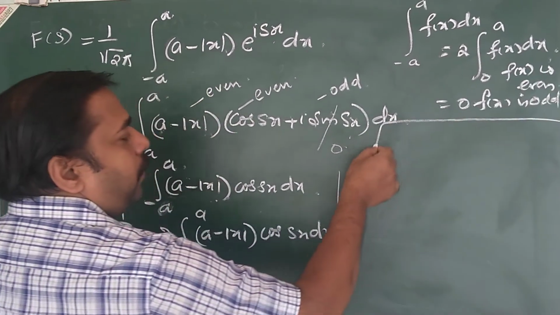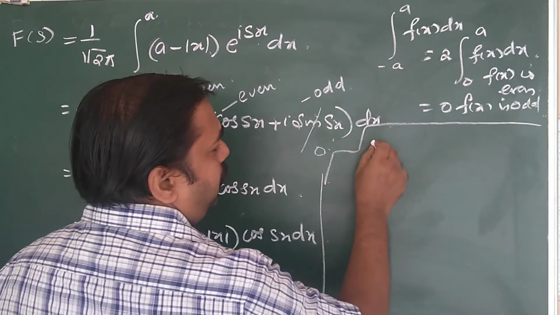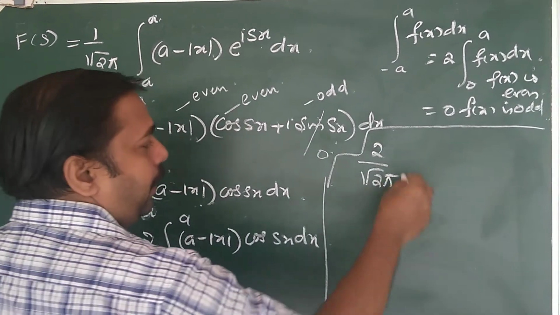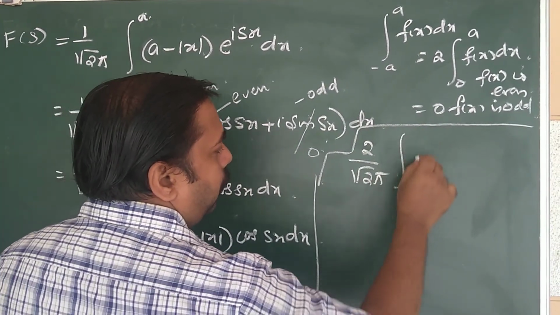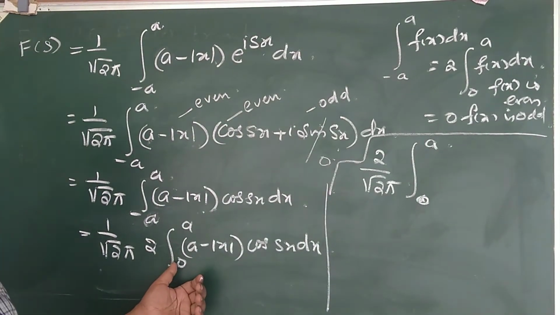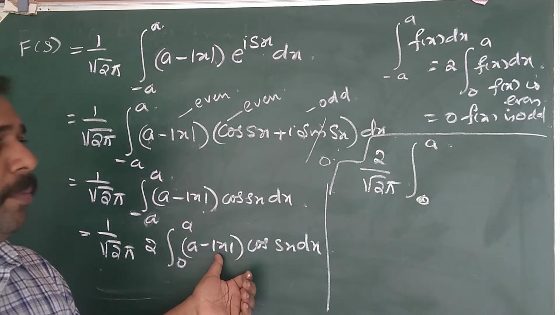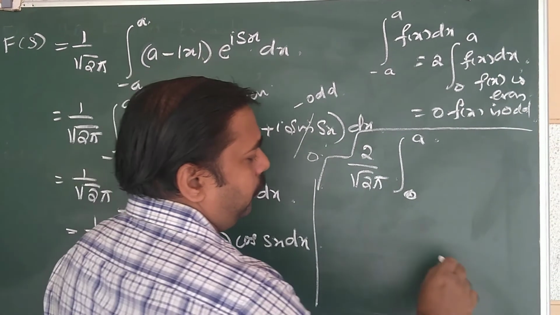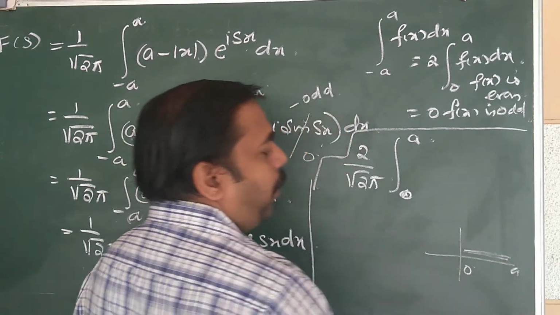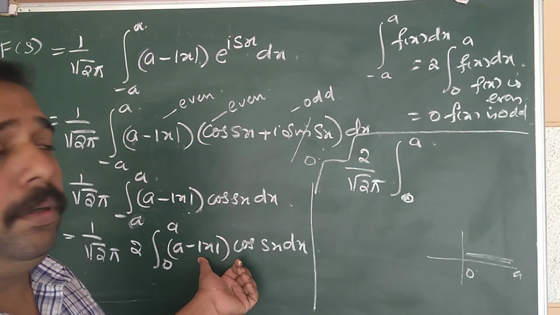So that is equal to 2 by root 2 pi integral from 0 to a. In the limit 0 to a, mod x is equal to x only, because from 0 to a this is always positive. For a positive function, mod x is equal to x only.